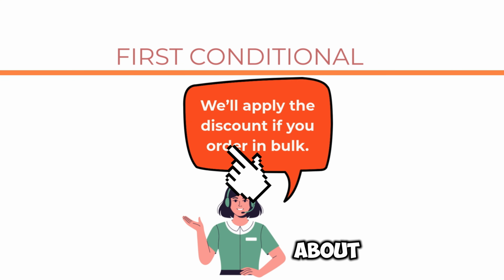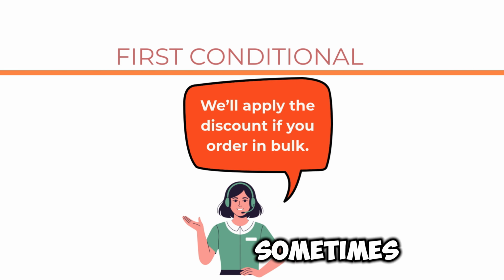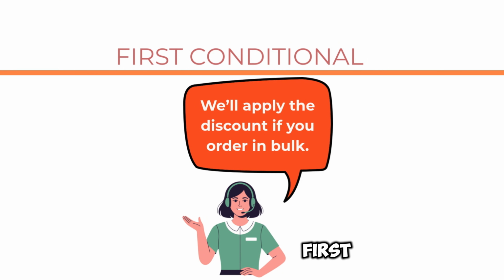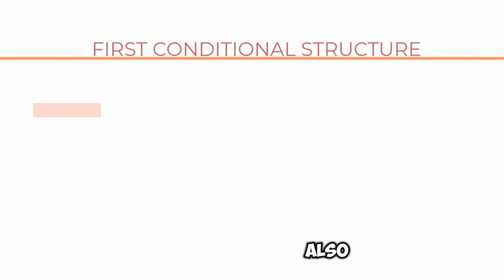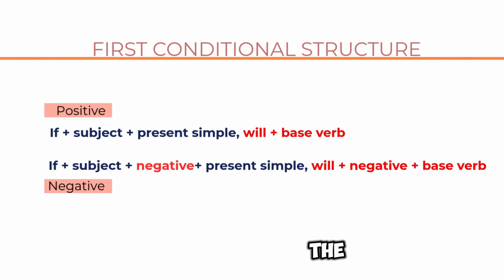What do you notice about this sentence? The result clause comes first, and that is correct. Sometimes the result clause comes first. You state what will happen, then after you state what will happen, you state the condition under which it will happen. This is also a correct way to form the first conditional statement.